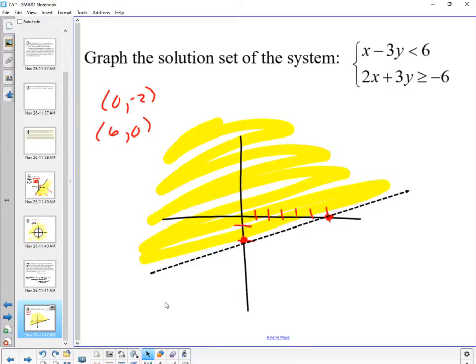Okay, now for the other one, if I make x 0, I've got -2. And if I make y 0, I've got -3. So the points are 0, -2 and -3, 0.